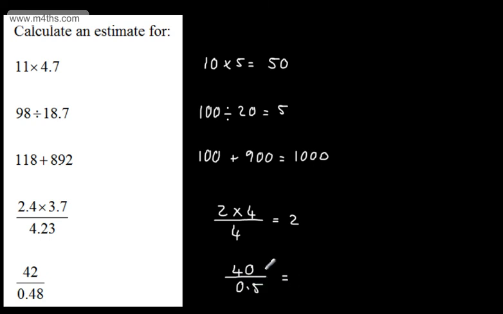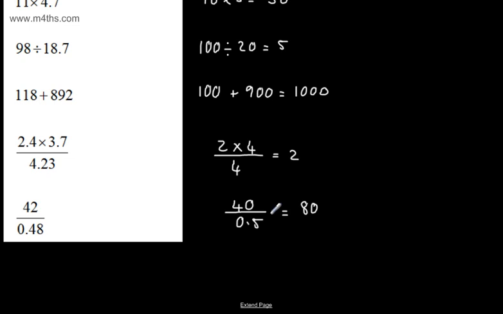So we have 40 divided by 1/2. 40 divided by 1/2 is 80. If you like, you could say, how many times does 1/2 go into 40? The answer is 80. A common error is to write down 20. If you like, you could write this now, if you wanted to see it another way, 40 divided by 1/2.